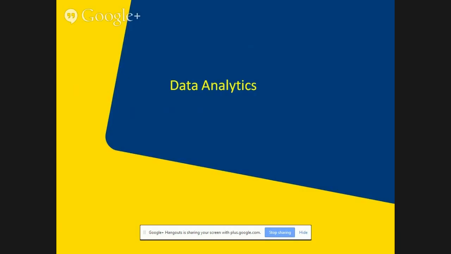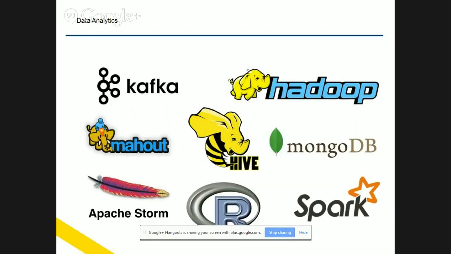So the next thing we come to is data analytics. I'll just give you an overview, which we would again be covering in subsequent webinars that we will be hosting. For data analytics, we have a host of tools. Again, we use them in different combinations.